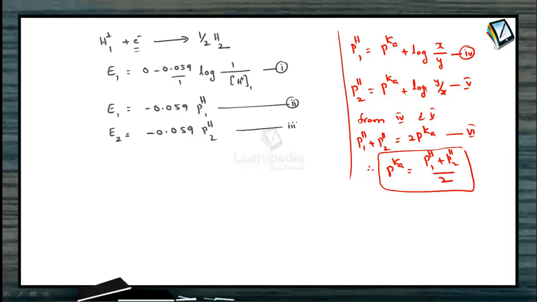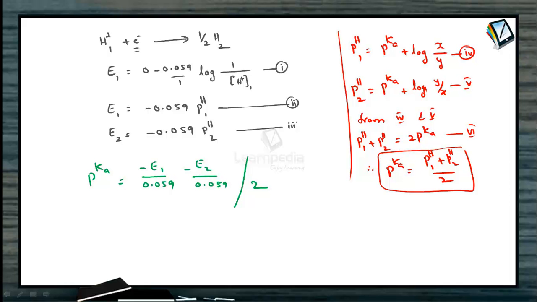Therefore, from this we can write pKa is equal to pH1. From equation 2 we will write as minus E1 by 0.059. So that I am writing here. Plus pH2, that I write as minus E2 by 0.059, by as a whole 2.